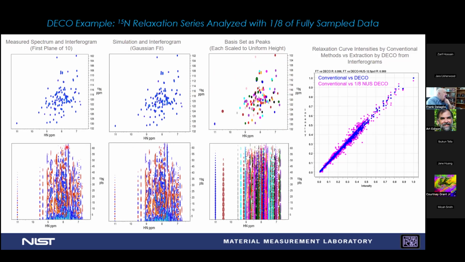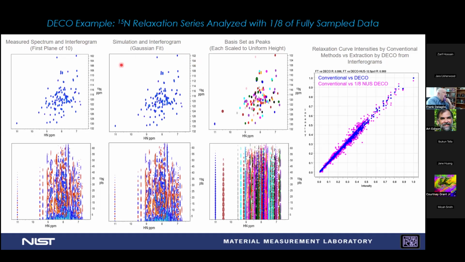But instead of working in the frequency domain, we can take our experimental data in interferogram form and do the same with the model. So here's what the model looks like in interferogram form. And here's what the individual components in this 2D model look like in interferogram form. And we have a choice.